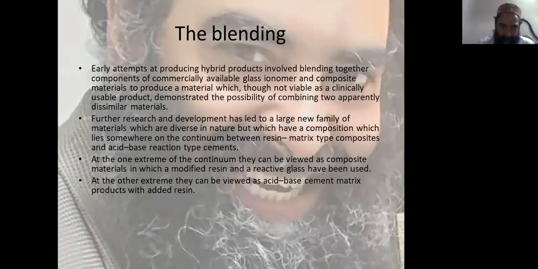So if we are going toward blending, apart from the amalgam, there are other things which are closely related to glass ionomer. So why should they not be tried? Early attempts to produce hybrid products involved blending together components of commercially available glass ionomer and composite material.